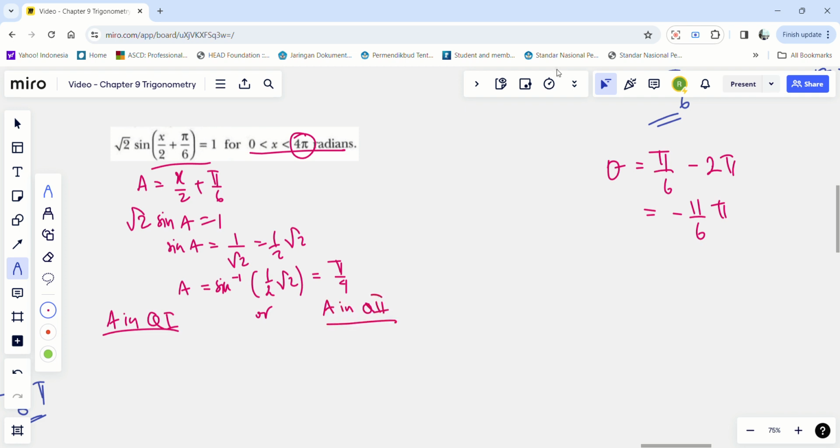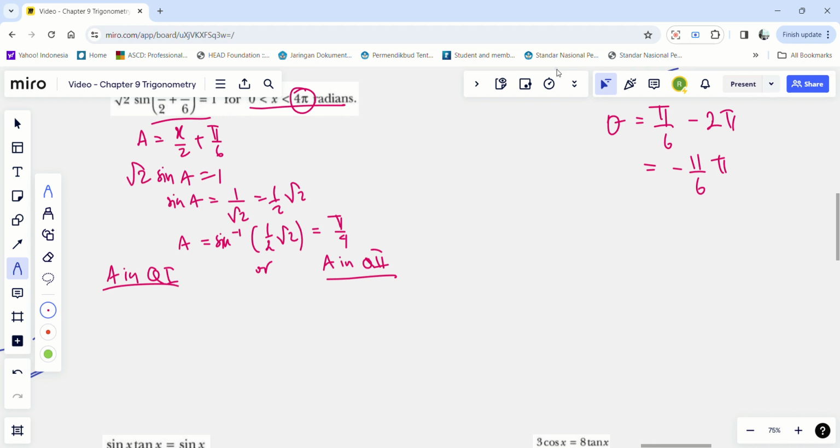You have to memorize it and be very good at it. In quadrant 1, it's just pi on 4. Or in quadrant 2, A will be pi minus pi on 4, which is 3/4 pi.